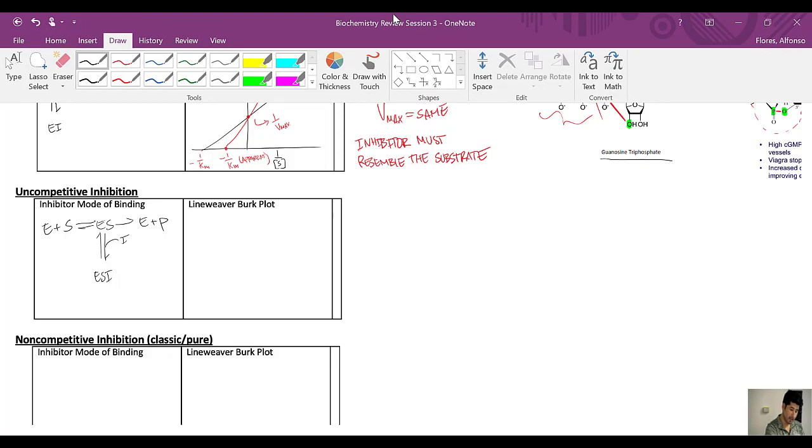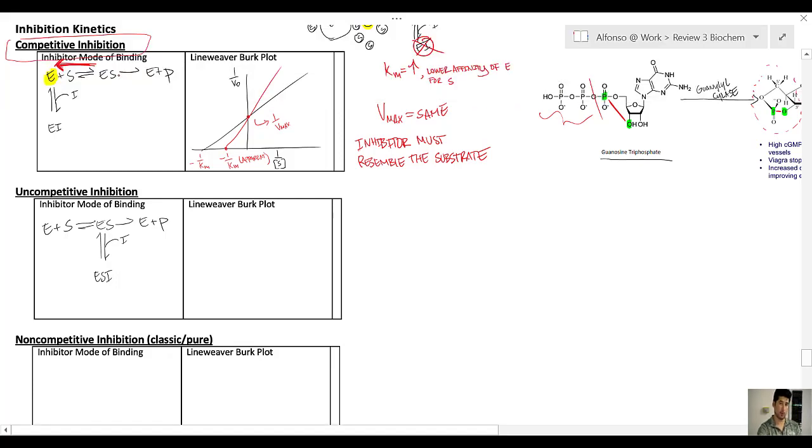Is it increasing or decreasing? It's actually decreasing. And because it's decreasing, the equilibrium will shift to the right to counteract that change. So the concentration of ES is going down, so the equilibrium shifts to the right to increase the concentration of ES. So there's more binding occurring, and what this means is that the Km is decreasing.